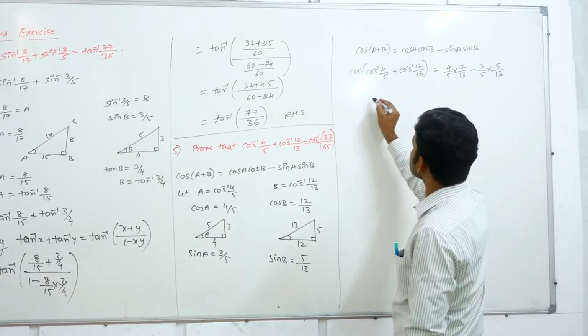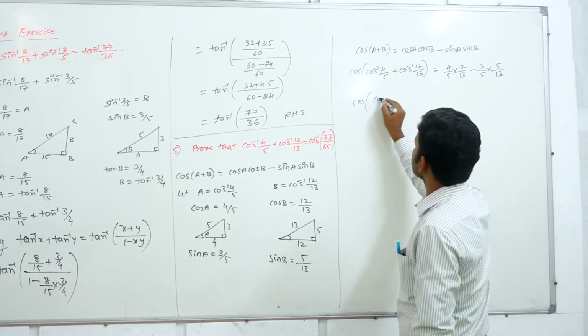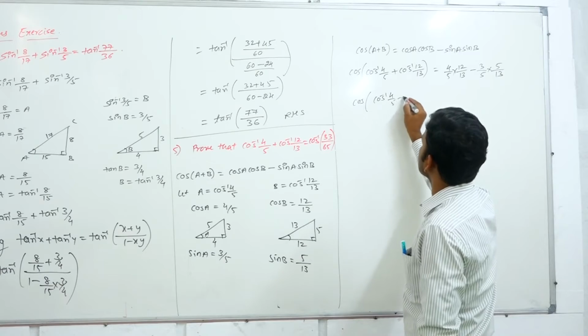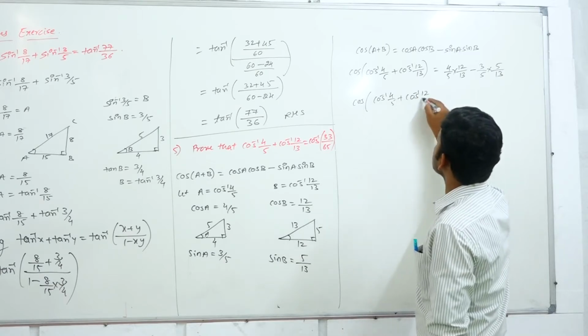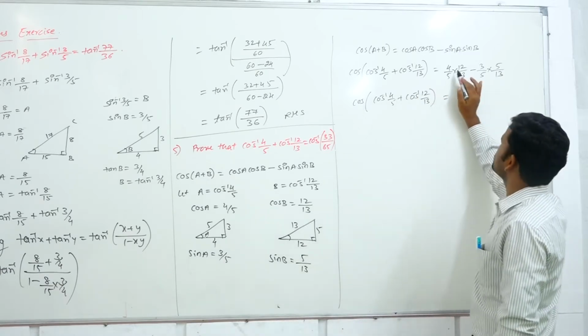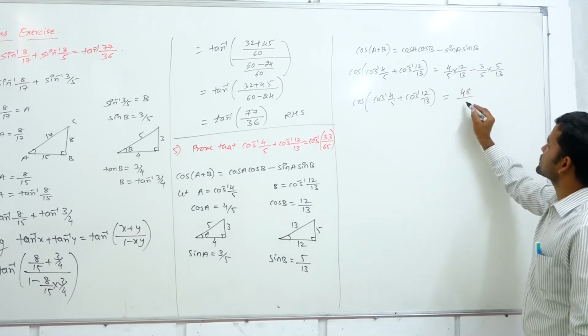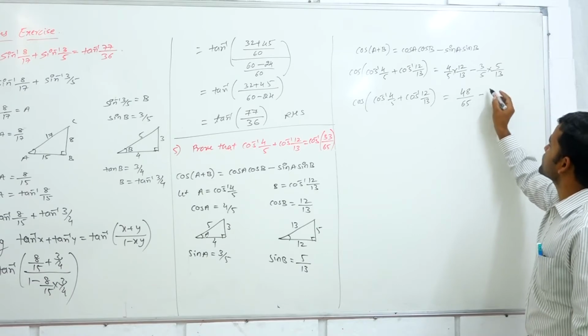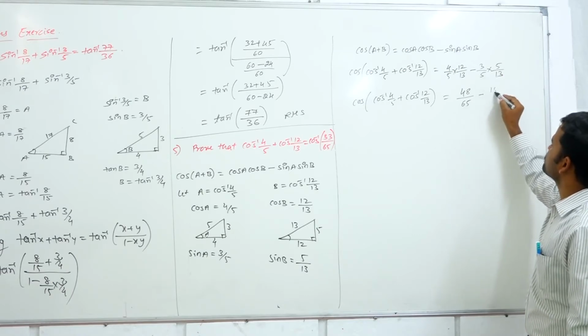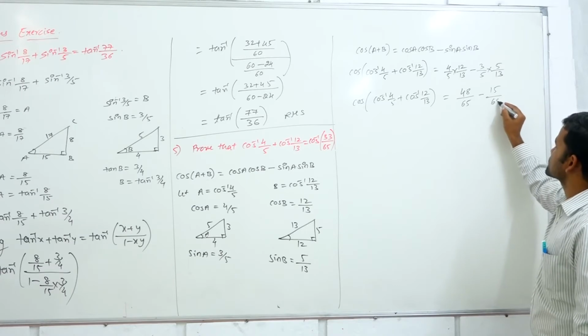Simplifying this, cos inverse of 4 by 5 plus cos inverse of 12 by 13 is equal to 4 into 12, 48, 5 into 13 is 65, minus 5 into 3, 15, divided by 65.